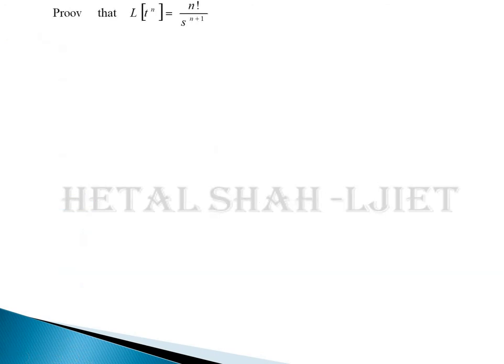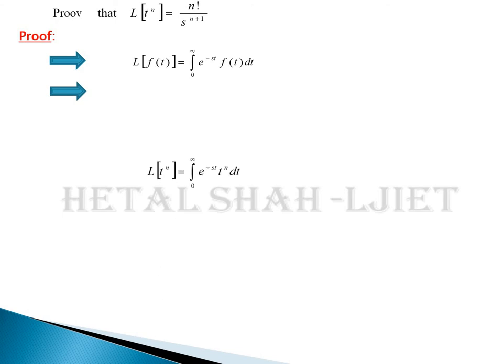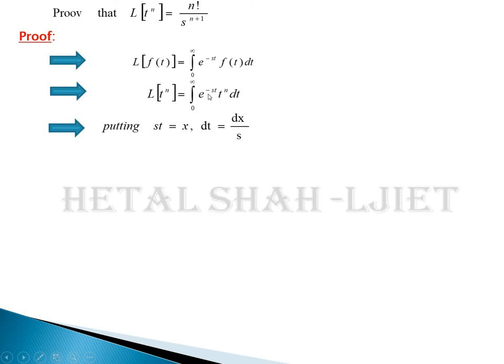Now the next formula is Laplace of t raised to n is equal to n factorial upon s raised to n plus 1. Start with the definition. Here our function is t raised to n. The integration of e raised to minus st into t raised to n is not quite easy to do directly. So first we convert this function into a convenient form for the integration.